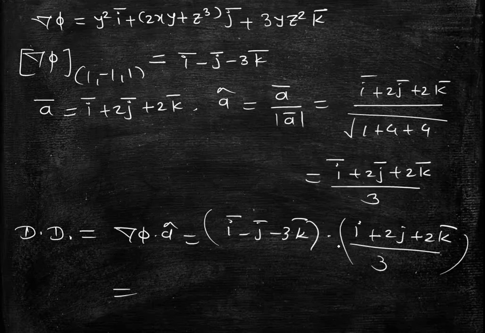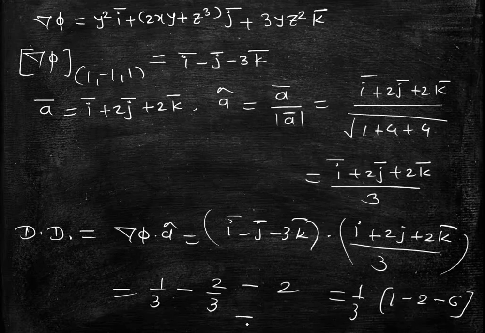Okay, so 1 into 1 by 3, so here is 1 by 3, minus 2 by 3, minus 2. So that 3 gets cancelled. So that is 1 by 3 times 1 minus 2 minus 6, which is equal to minus 7 by 3. So that is our directional derivative.